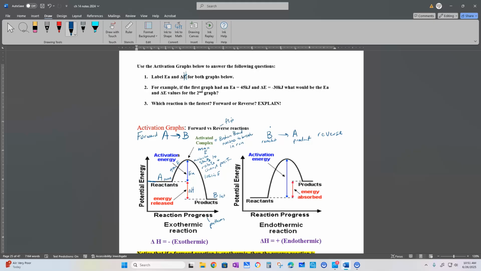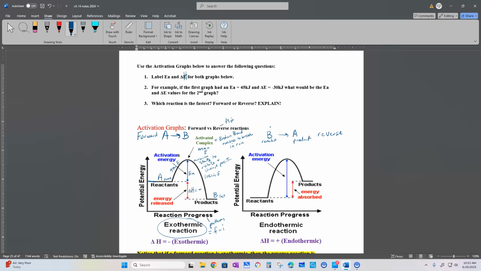So that means my delta H, this value, is going to be a negative number. And because it's negative delta H, that means exothermic. The whole reaction in the end, think of it like final minus initial, if that helps you, final minus initial, it lost energy. So we call that exo, okay?